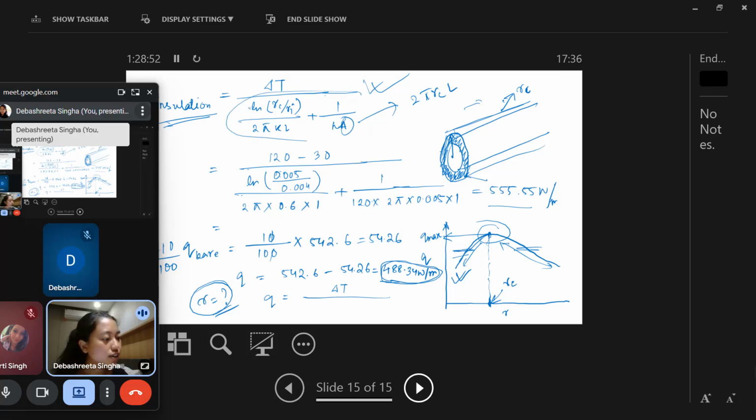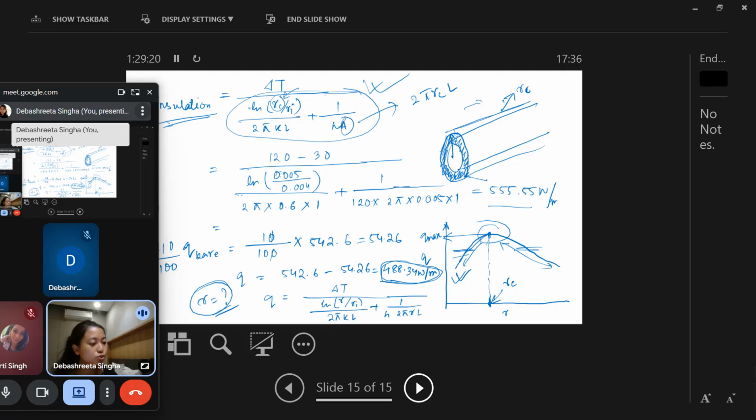RC will be changed here because we need to find the new RC. So for finding RC, it is the same thing, only instead of RC you can write R: ln of R by Ri, where Ri is fixed at 0.004, divided by 2 pi KL, plus 1 by hA, where A is 2 pi R into L.